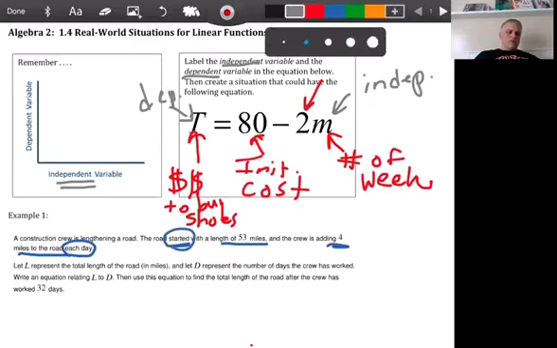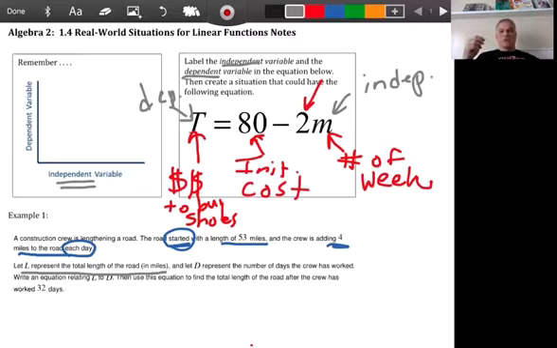Now it says let L represent the total length of the road in miles. Let D represent the number of days that the crew has worked. And then it says write an equation relating L to D and use the equation to find the total length of the road after the crew has been working for 32 days.